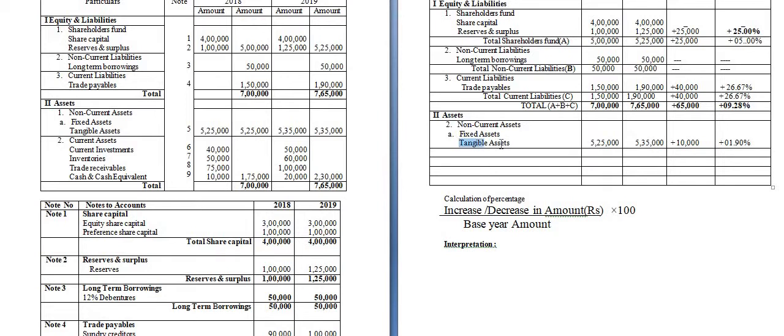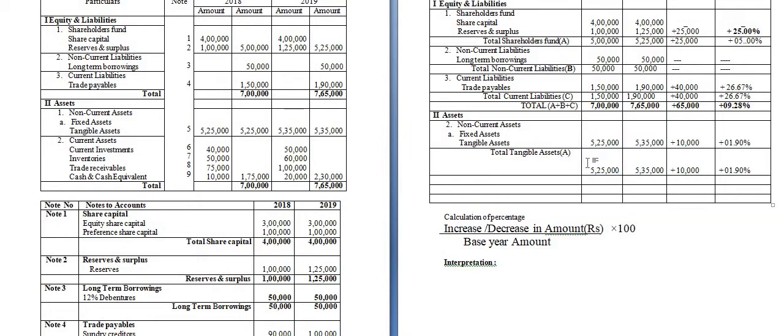Right here, in the next line, write total tangible assets in bracket A. Now write this amount: 5,25,000 for 2018, 5,35,000 for 2019, and the difference is 10,000.